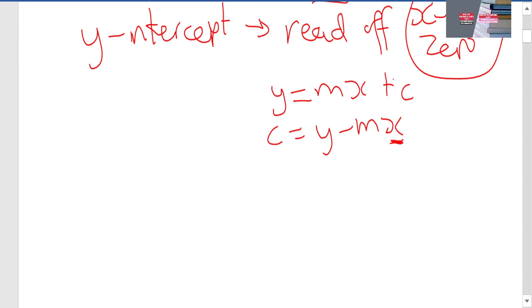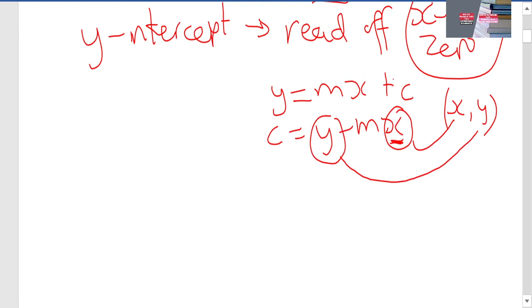But if you're not starting from 0, you pick a coordinate exactly on the line of best fit, and then you input the x value there, and then you input the y value there, and then the gradient, since you've calculated it, you also input it there, and then you can find your y-intercept in that regard, right?